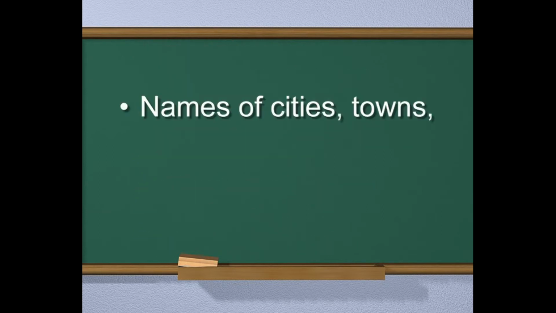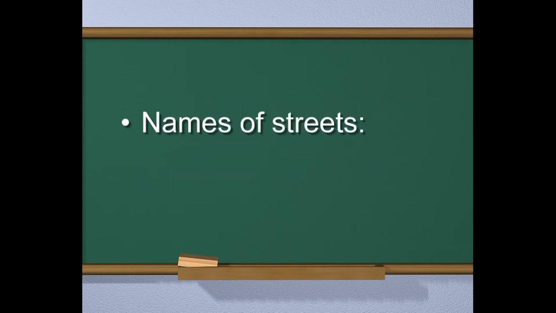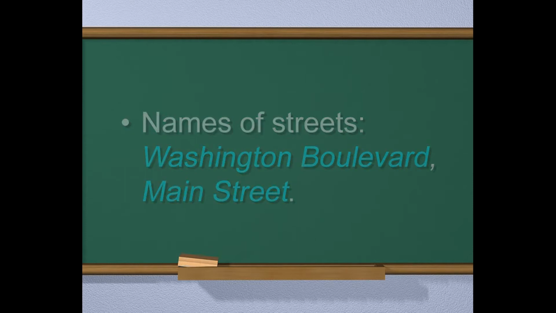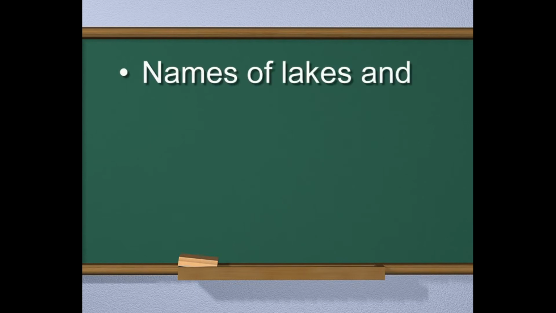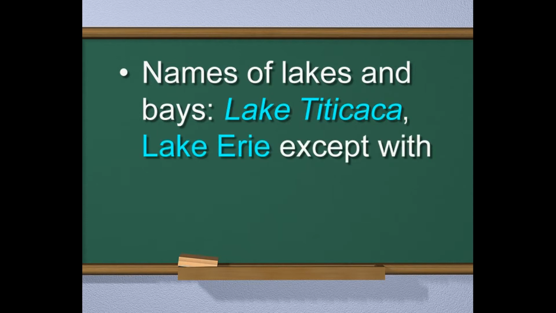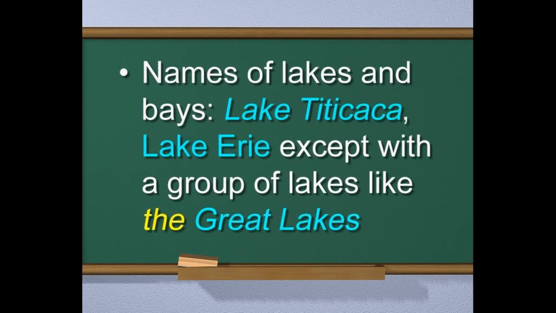Names of cities, towns, or states: Seoul, Manitoba, Miami. Names of streets: Washington Boulevard, Main Street. Names of lakes and bays: Lake Titicaca, Lake Erie, except with a group of lakes like the Great Lakes.